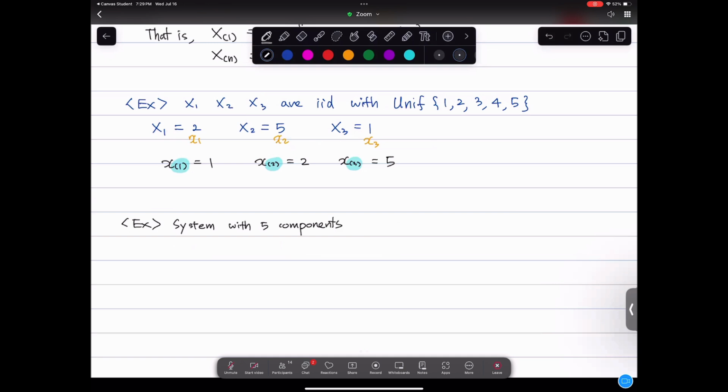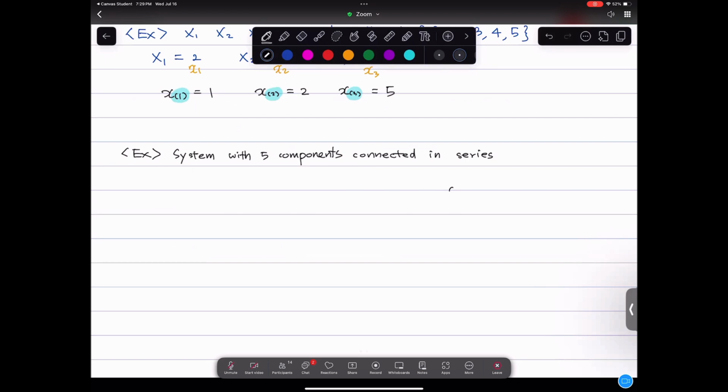And they're connected in series. Think of a component here and there, connected in series like this, dot, dot, dot. You can think about the electric current going from left to right. Let me make a couple more components since we have 5 of those.